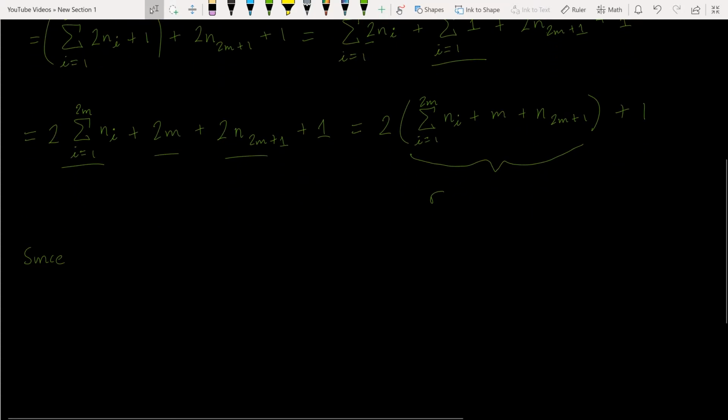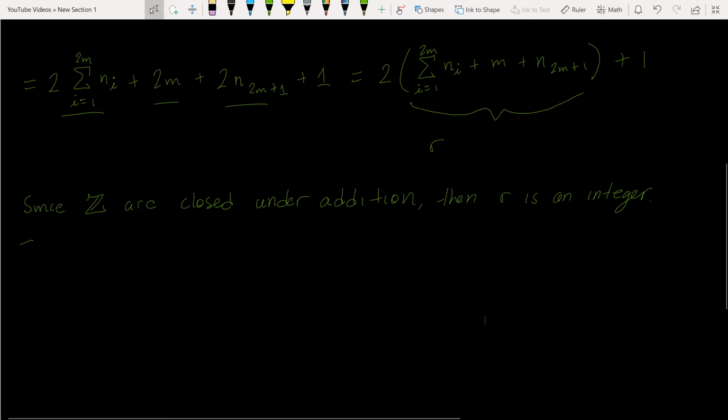So since the set of all integers is closed under addition, then r is an integer.